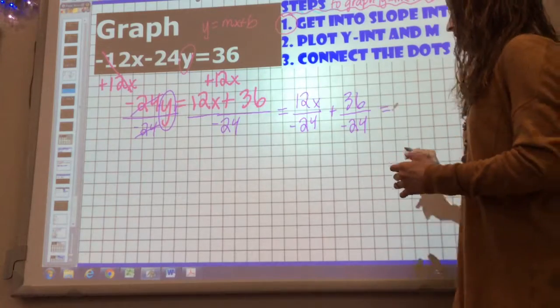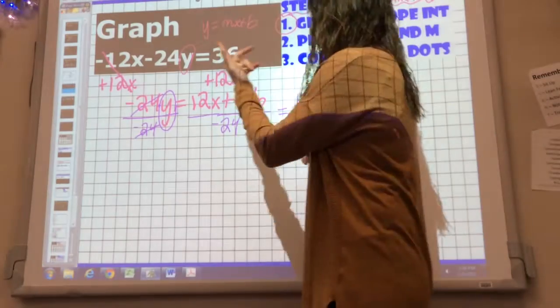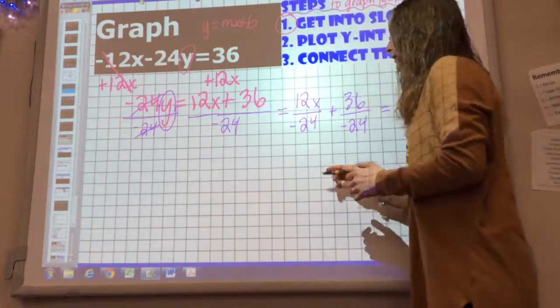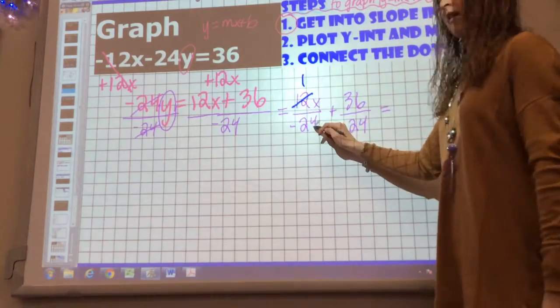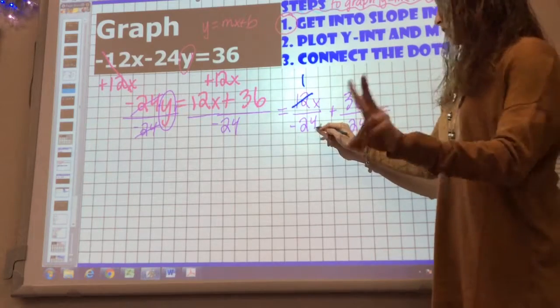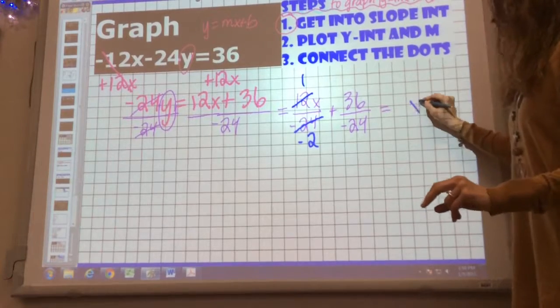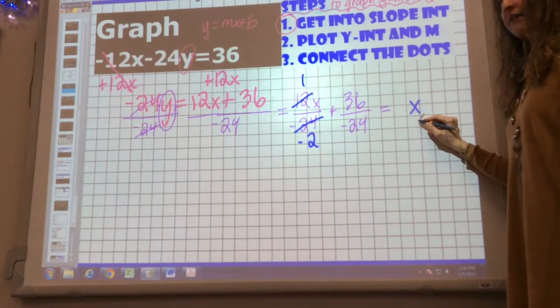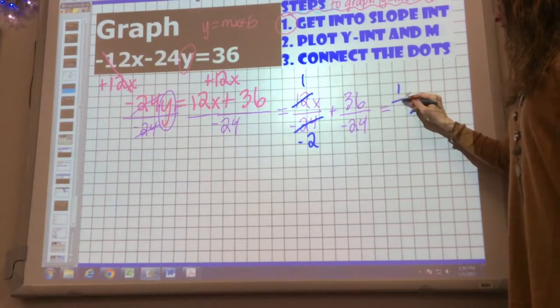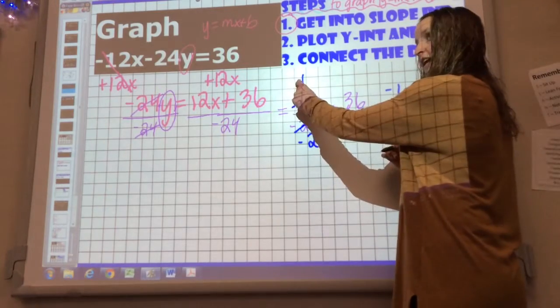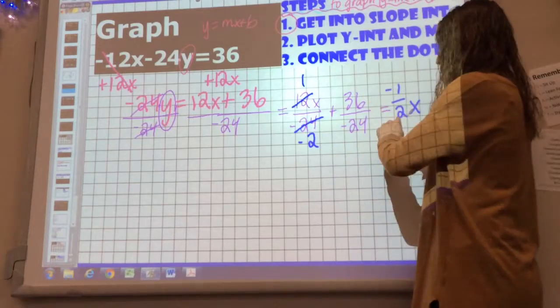Now, let's check this out. When we get to this step, what's the number that goes into both of them? How many times does 12 go into 24? Twice. And so we're going to have what number in front of our x? Negative 1/2. Okay? And I love that you knew that you can move the negative up. Negative 1 over 2.